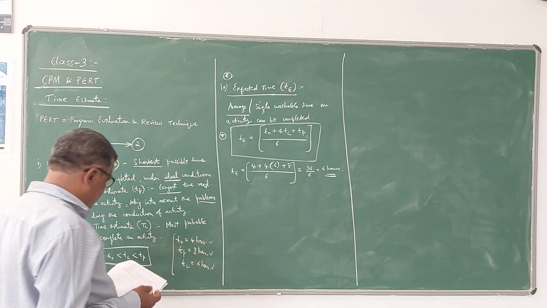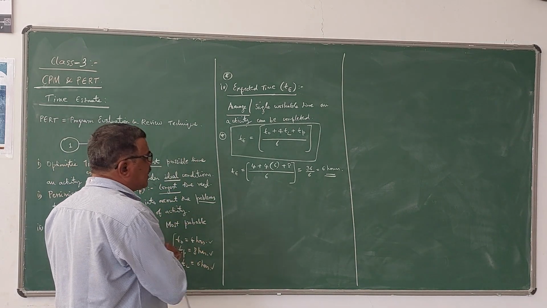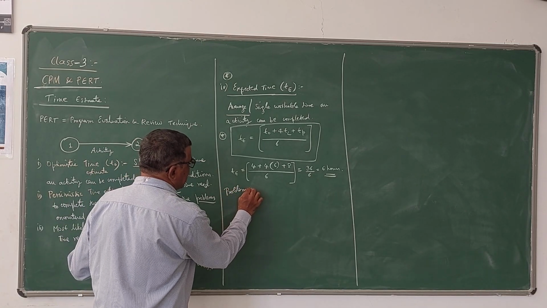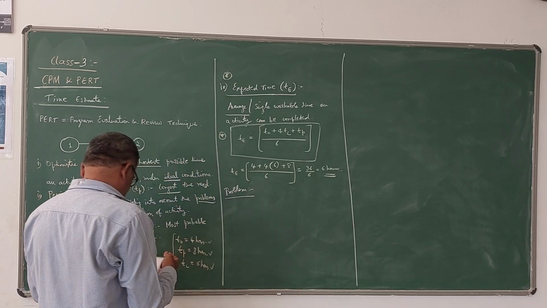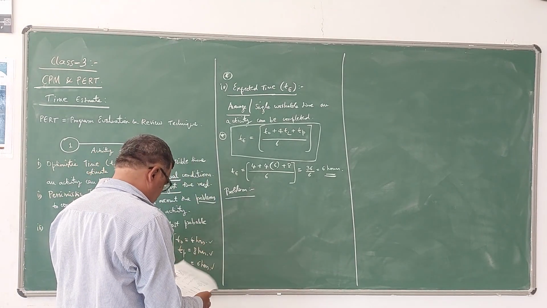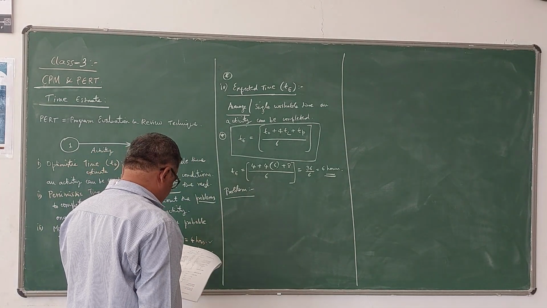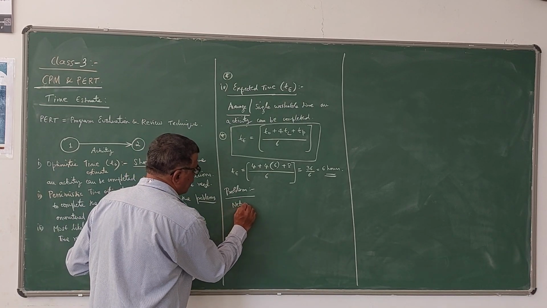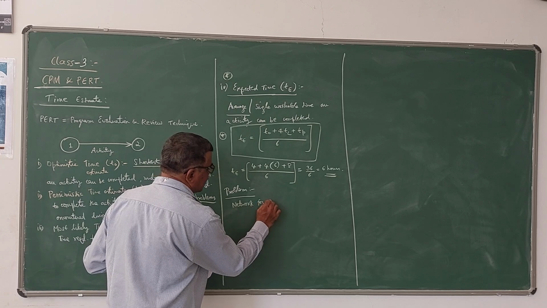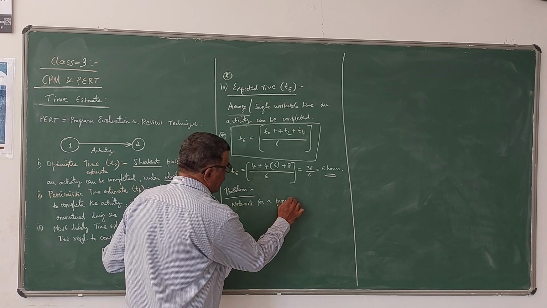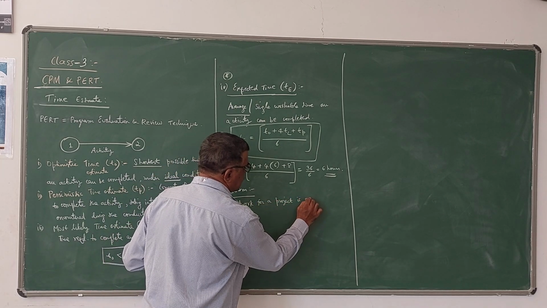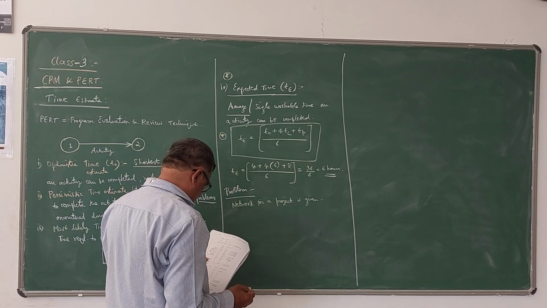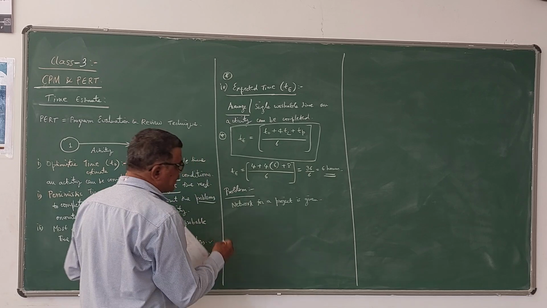For example, now we take up a problem here to find the critical path, how it is done. So here the network for a project is given. The values of the times are given like this.